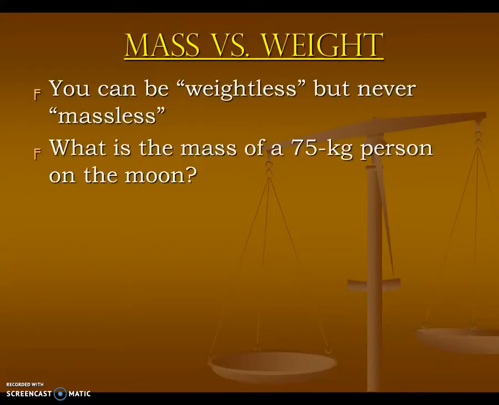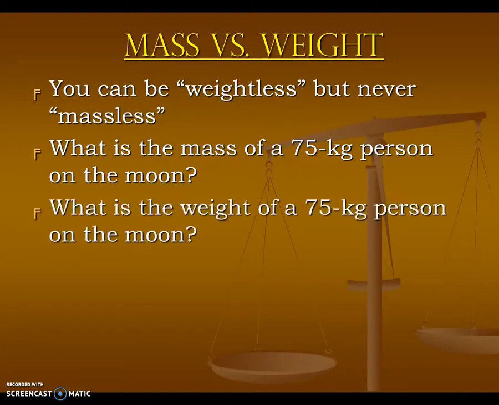All right, so really mass versus weight. So remember that mass is how much matter you have. That does not change no matter where you are. But your weight can change, and you can be weightless. So if you go to the moon and you're a 75 kilogram person, you are still going to have a mass of 75 kilograms when you get to the moon, right? You haven't lost any matter, right?